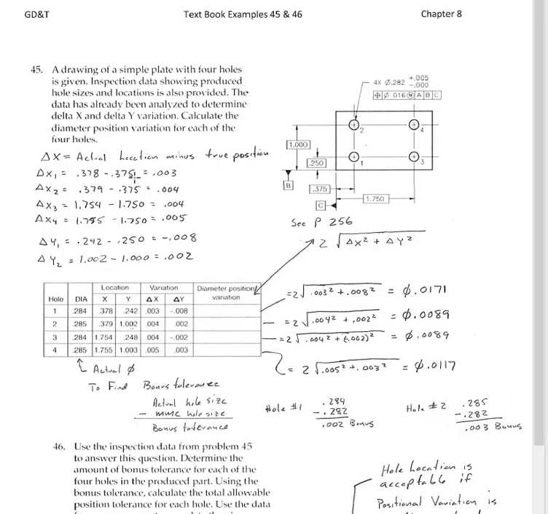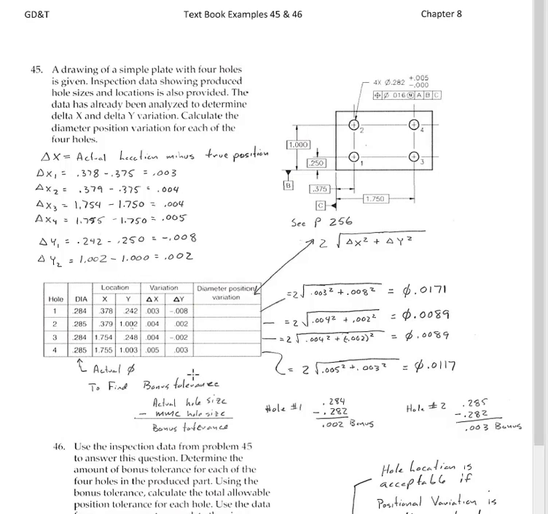Our true position, which is where our tolerance is based upon, is 375, so that's this basic dimension right here. If we subtract 375 from 378, we get 3 thousandths. And then we do the same for x2, x3, x4, and y1, y2, y3, and y4.